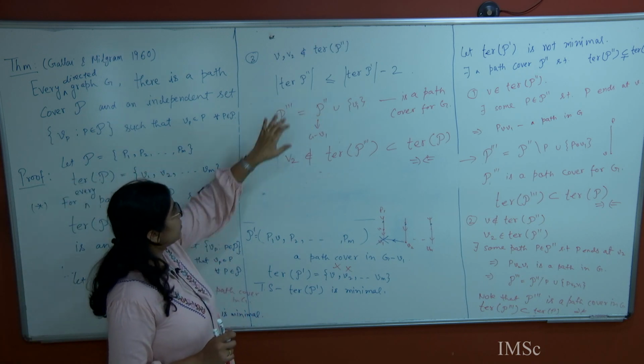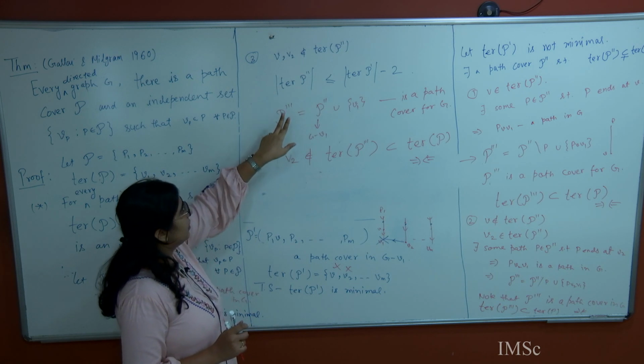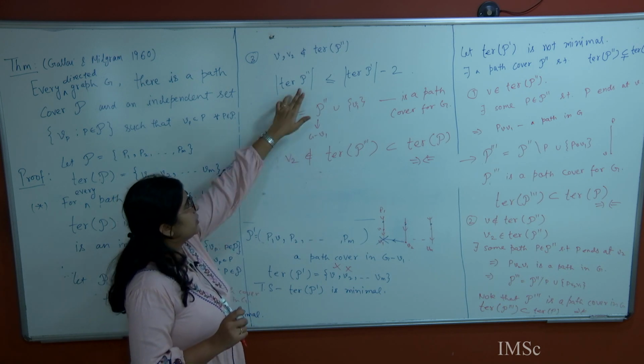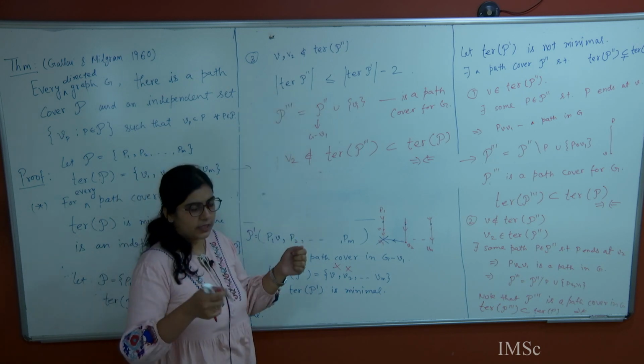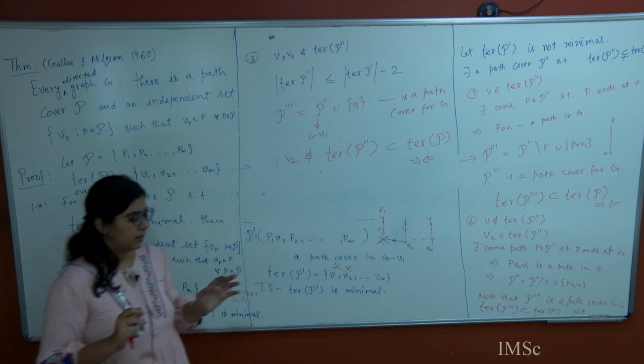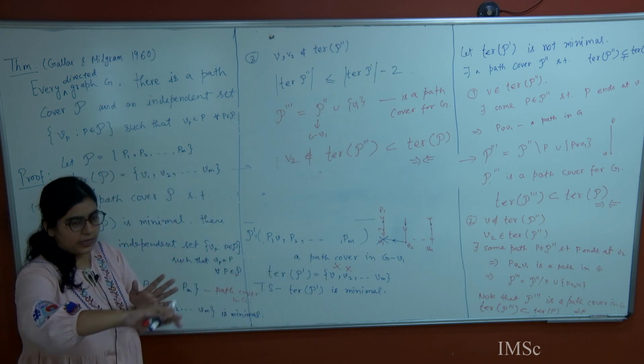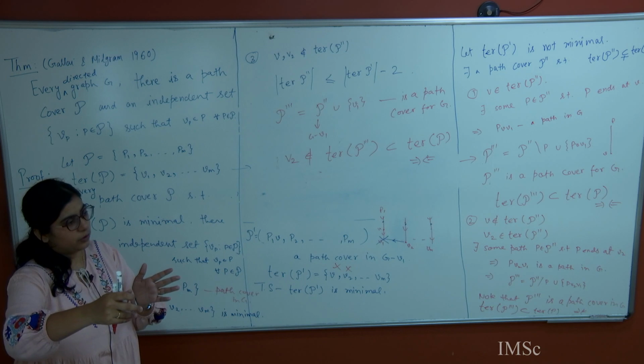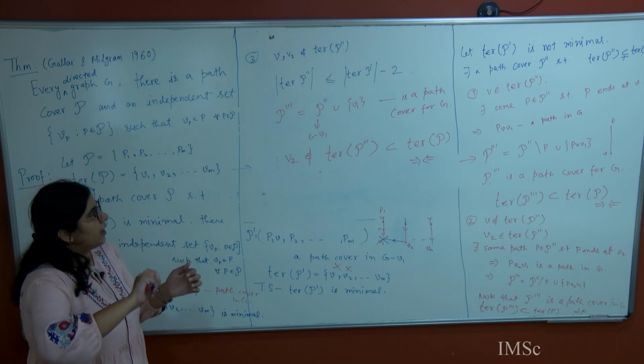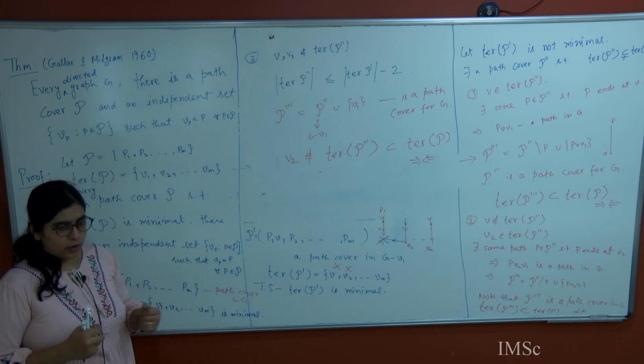That means this P double prime is a path cover with at least 2 fewer paths, and still I need to cover V1.